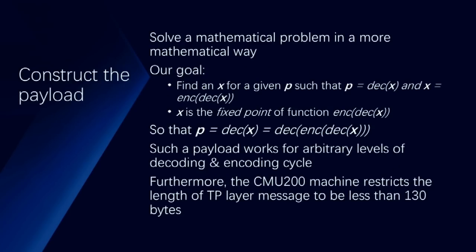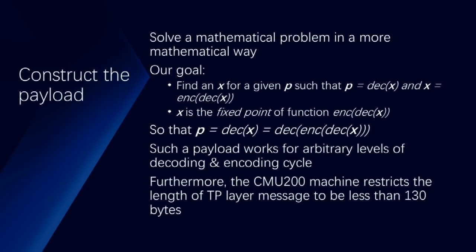As hackers trying to solve a mathematical problem, we always want to solve it in a more elegant way. So we adjust our goal: we are trying to find an x for a given p such that p equals decode(x), and x equals encode(decode(x)). So x is actually the fixed point of the combined function encode(decode(x)).